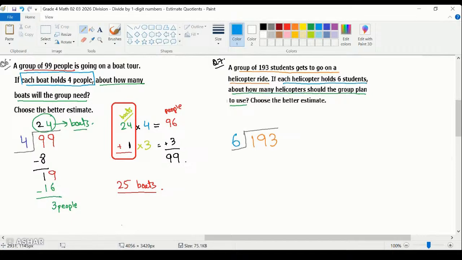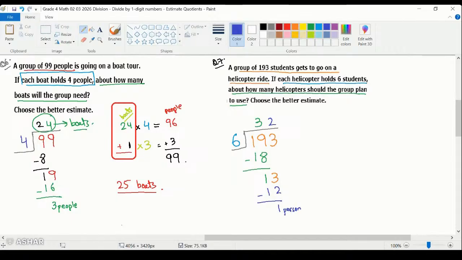When we divide this, okay, 6 times 3 is 18, we are left with a 1, we bring down the 3, that means 6 times 2 is 12, and 1 person will be left.